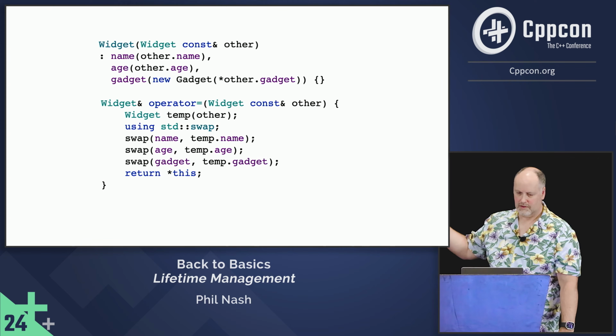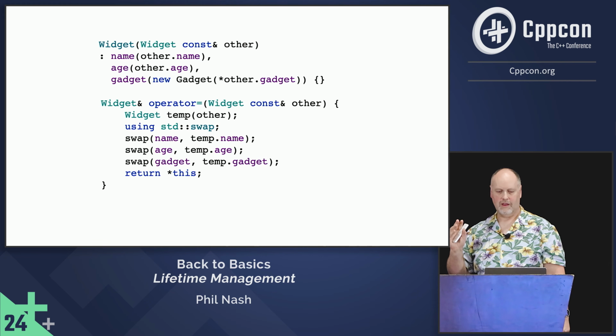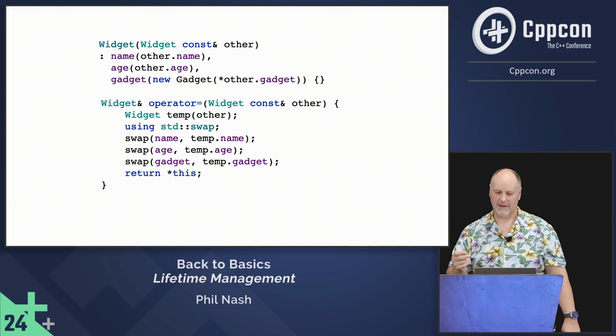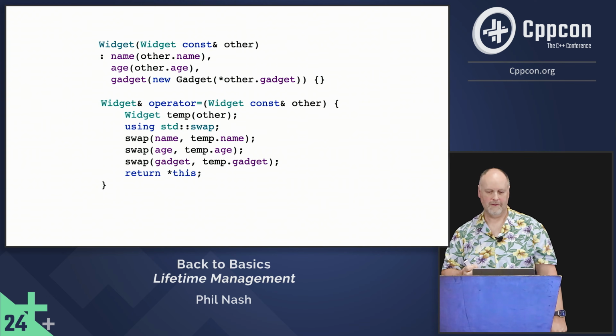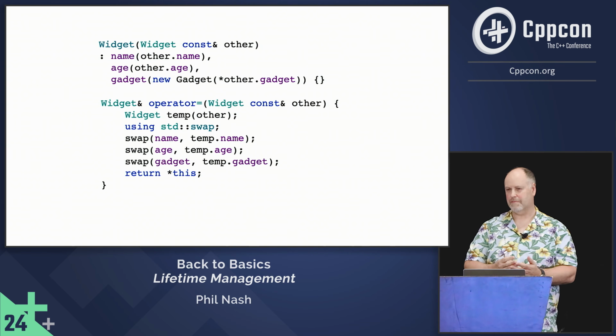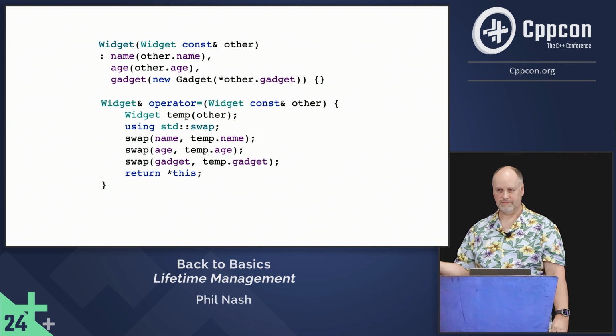First of all, we've got that using std::swap. It's not just because I'm being lazy, although I am. There's actually a real reason to do that. And that's because some types may have their own specialization of swap in their own namespace.